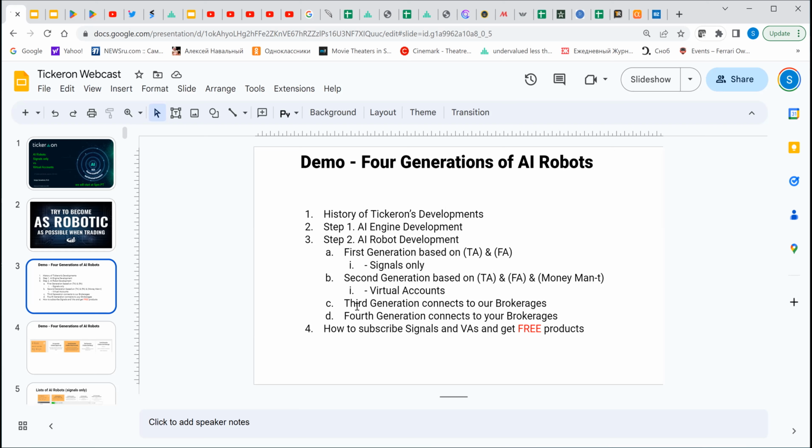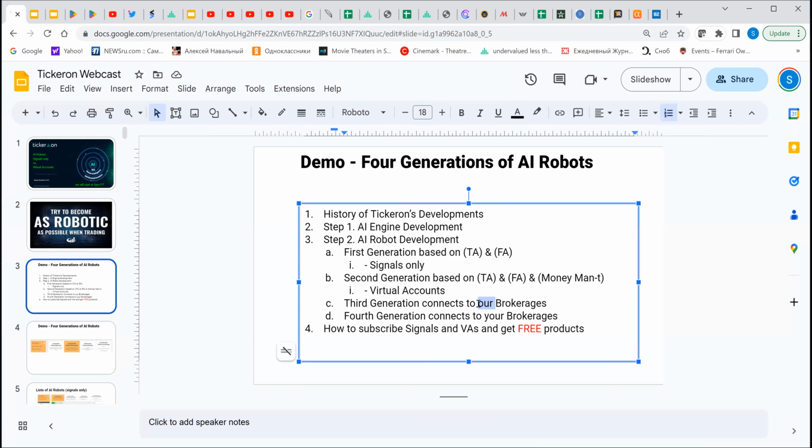The third generation is what we're working on right now, while these two are being released. The third generation is about connecting our virtual accounts to brokerages. So far, it is about our brokerage.